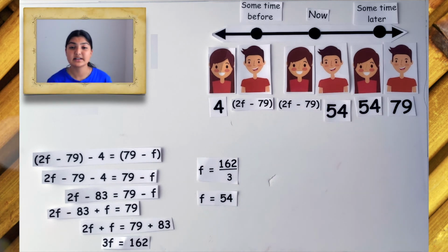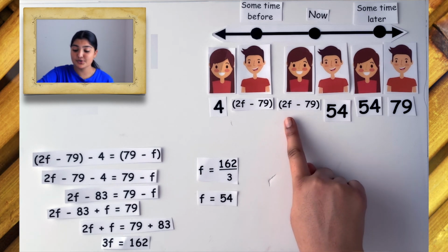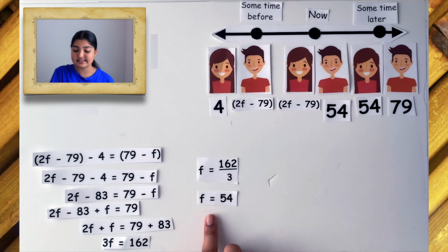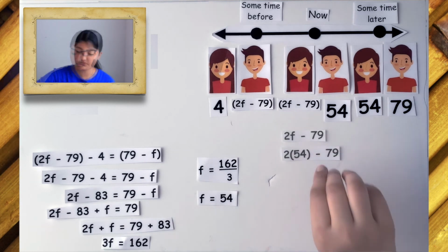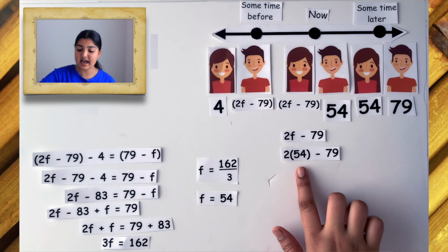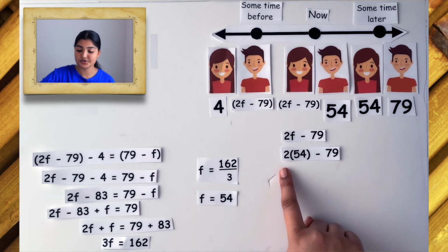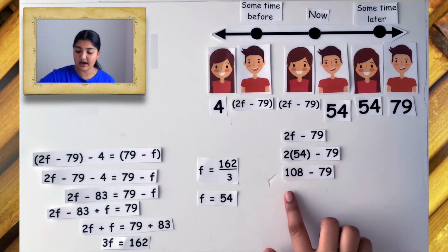But now we need to find the daughter's age, which we assume to be 2f minus 79. And we know that f is equal to 54. So let's plug in the value of f. 2 times 54 minus 79. 2 times 54 is 108.